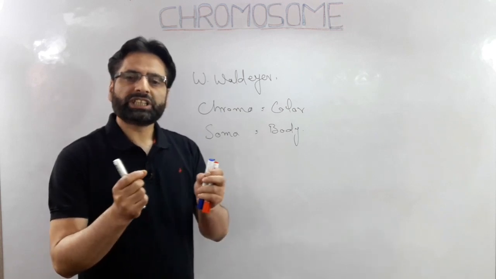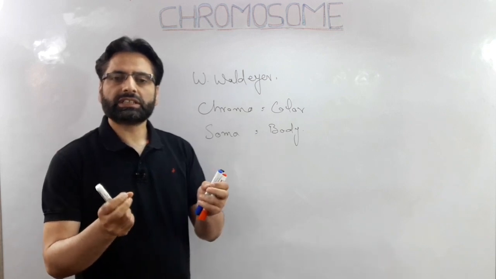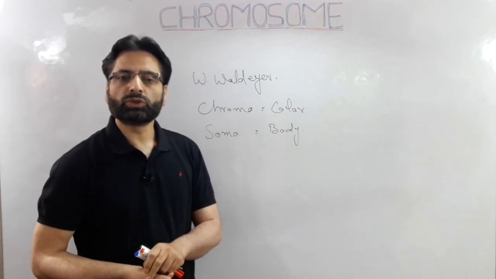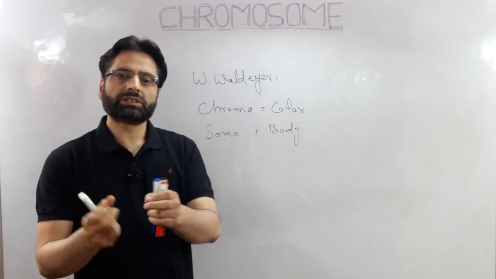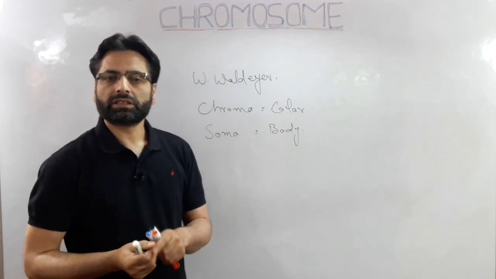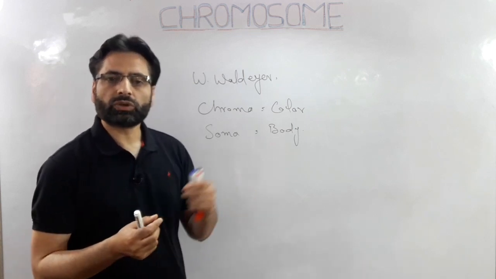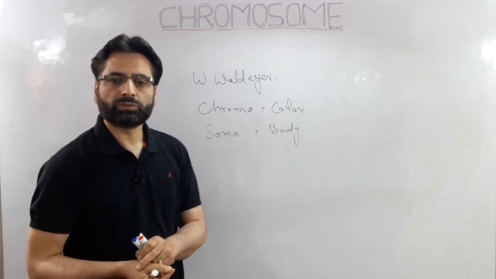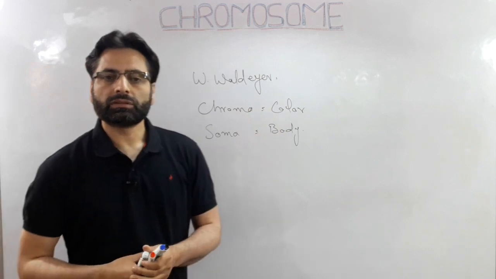We use special dyes in various staining procedures, and these dyes chemically bind with the chromosome, and when we observe these chromosomes bound with the special dyes, they appear colored under the light microscope. So actually it is the color of the special dyes, not the color of the chromosome. So chromosome means the colored body.